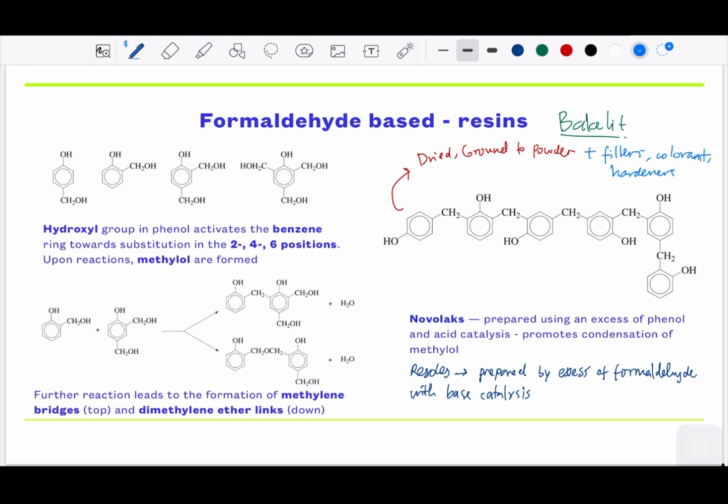So during this step, we can add as many components as we want. We can harden the powder. We can add color.